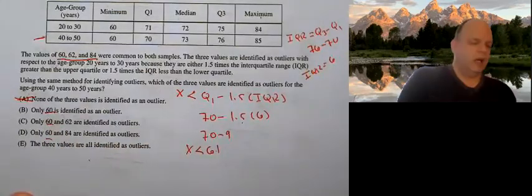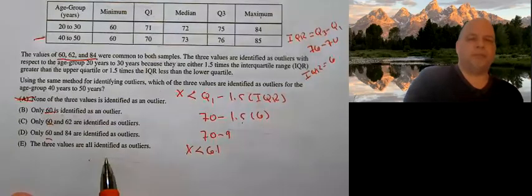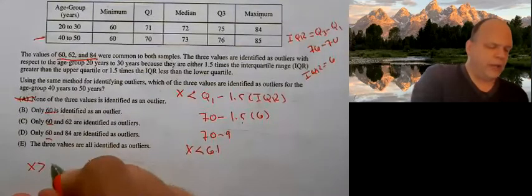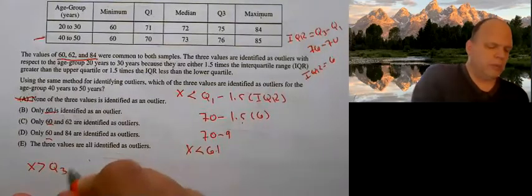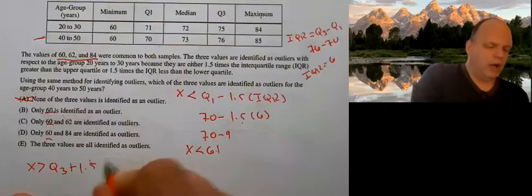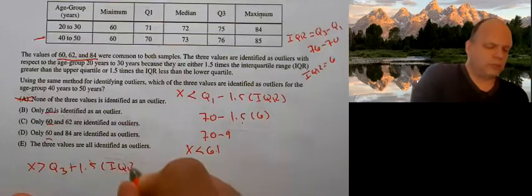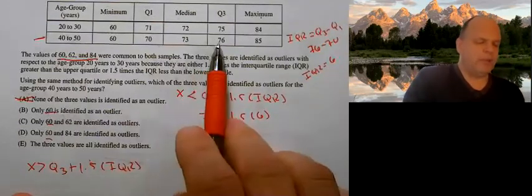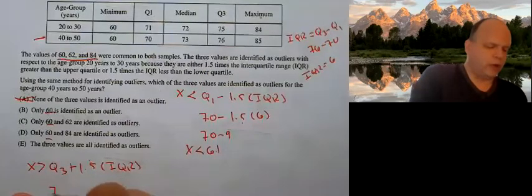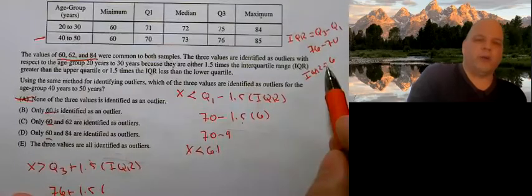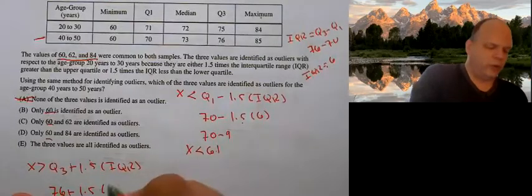So we need to check for an upper outlier. For the upper outlier, X has to be greater than Q3 plus 1.5 IQR. Well, Q3 happens to be 76 plus 1.5 times the IQR that we already calculated was 6.